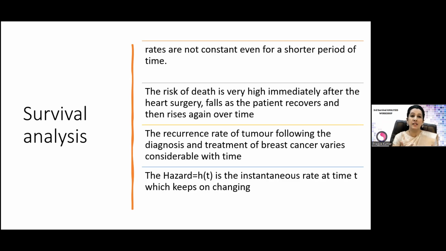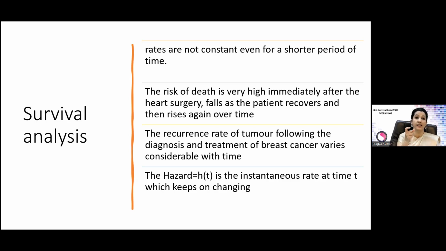Again, if you see the recurrence rate of tumor, it is again very changing. Initially the recurrence rate of tumor is high, and later it might decrease. So this hazard, which is explained as H as a function of T, H(t), is an instantaneous rate at time T, which keeps on changing.